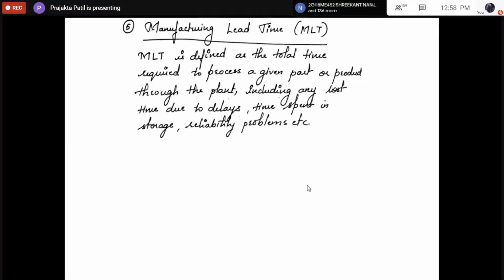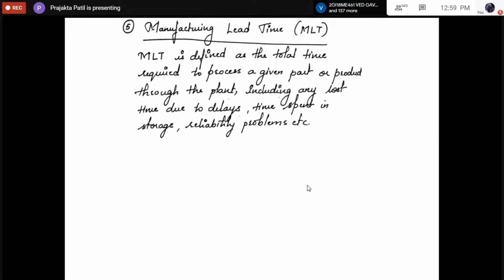In this competitive environment of modern business, the ability of a manufacturing firm to deliver a product to the customers in the shortest possible time often is going to rule the business, and they are the ones who are going to benefit from it. The time we are talking about here is called the manufacturing lead time.